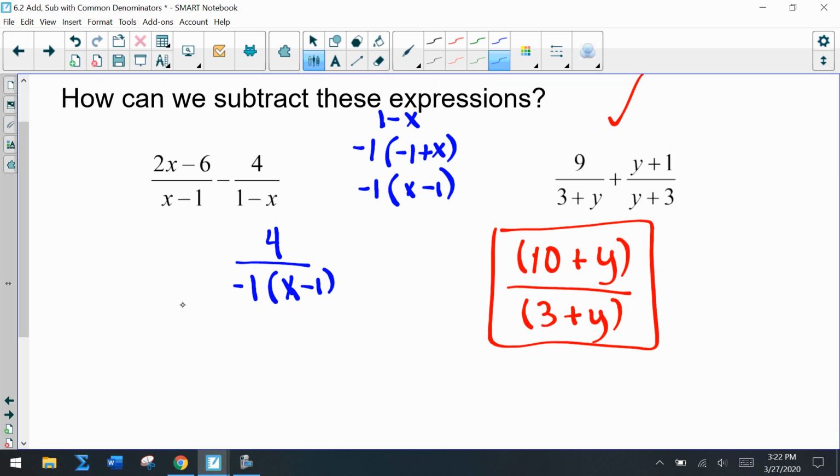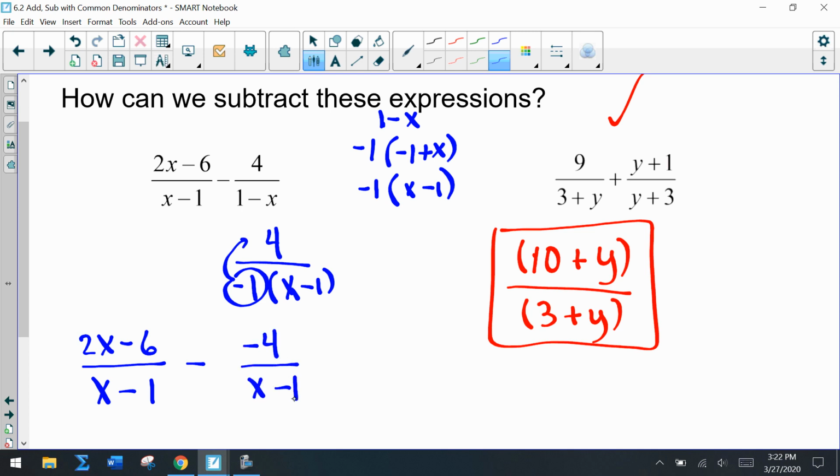So we can actually rewrite this problem as 2x minus 6 over x minus 1 minus negative 4 over x minus 1. And when you're subtracting a negative, this turns into plus. So here we have 2x minus 6 plus 4. So 2x minus 2 over x minus 1.